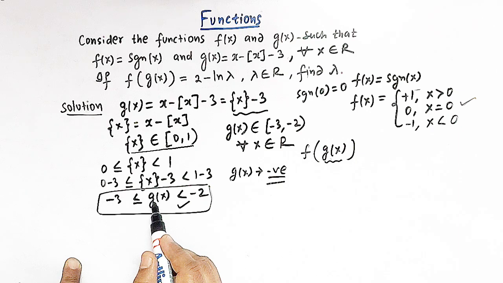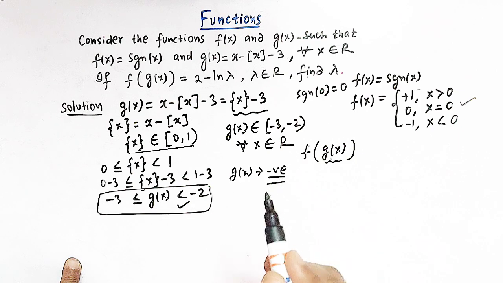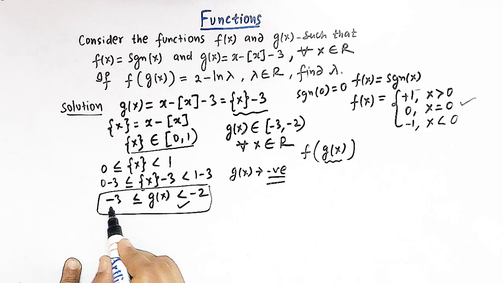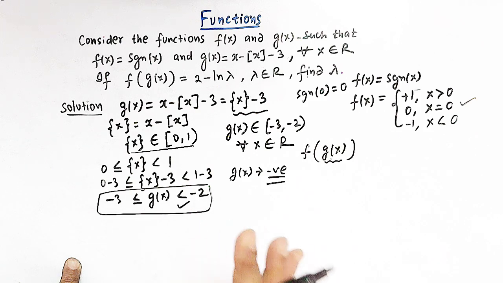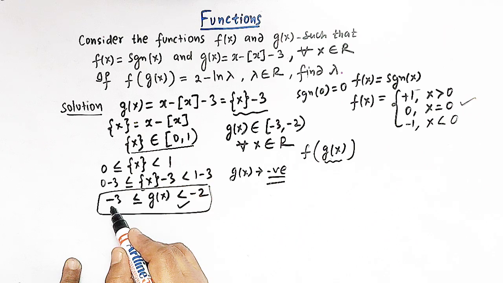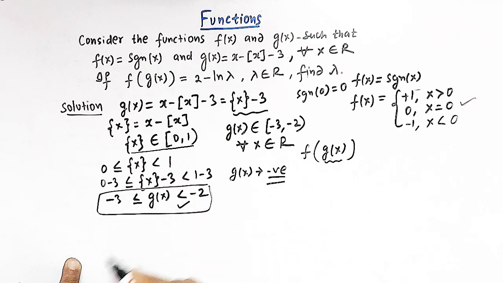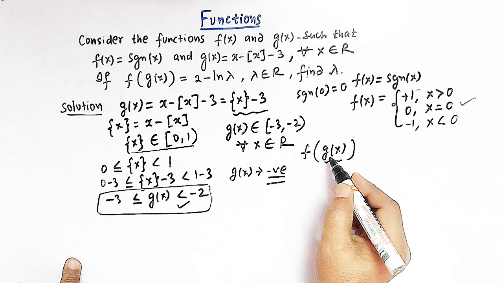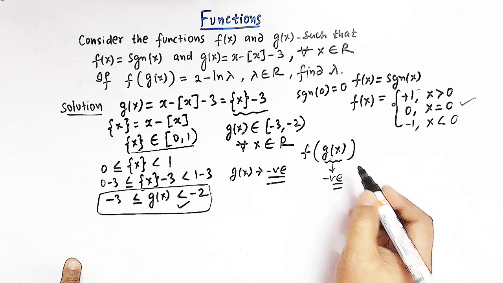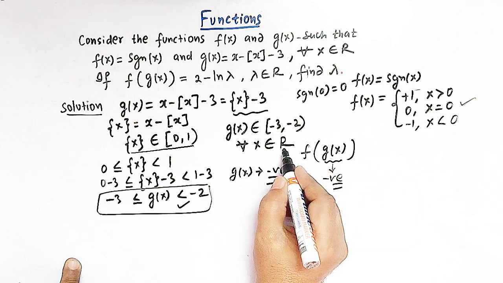All the numbers lying between minus 3 and minus 2 are negative, so g of x is always a negative number for all x belonging to R.